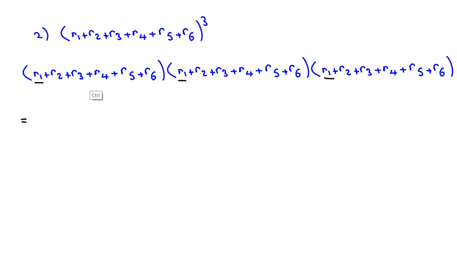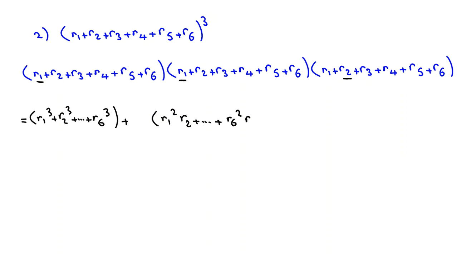So R1 cubed, R2 cubed, to R6 cubed. Let me write this: R1 cubed plus R2 cubed plus to R6 cubed. Or maybe I select 2 from one, for example, variable R1, R1, R2. So these types of things, it will be R1 squared R2, to the last term, for example, R6 squared R5.